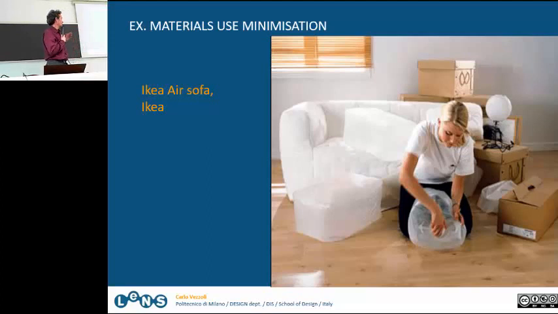This is an IKEA sofa, which is made of polyethylene cells, which you fill using a hair dryer. Of course, compared to a traditional sofa, you can guess that they are using air instead of lots of material. So basically, the use of material is 10% compared to other materials. I'm not speaking about the quality of the material.